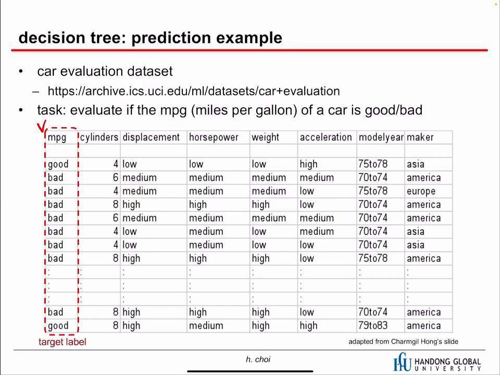Given these, we have to predict this miles per gallon. Is it good or is it bad? In training, definitely we have this target label, but in test, we are going to have only these features, and then we have to predict this MPG.